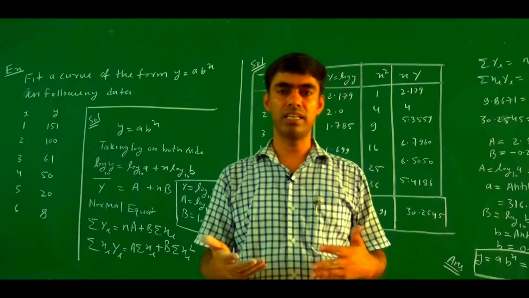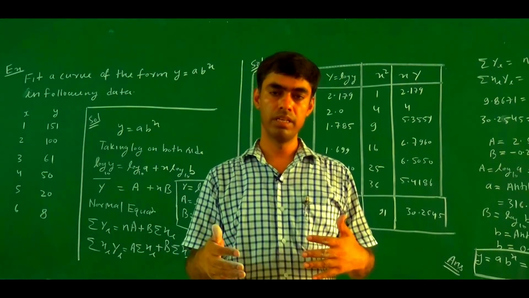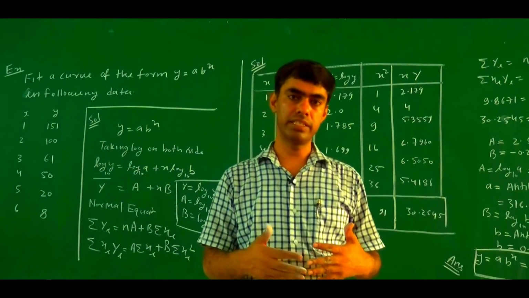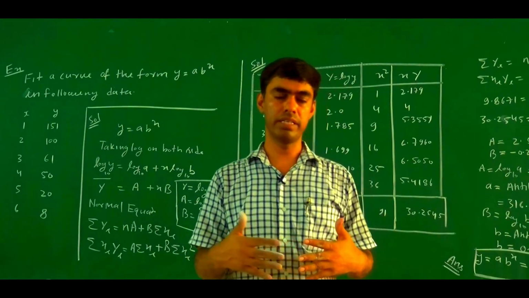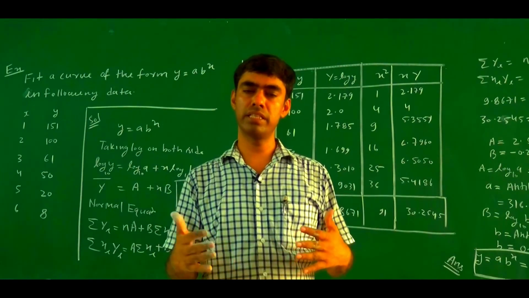Why is this a linear line? Because a line is linear. So this is converted into a regression line.